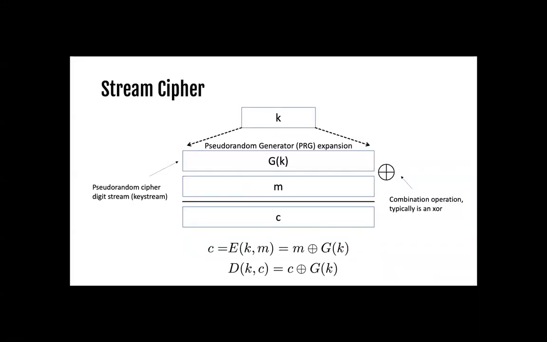All right, and then next, let's continue to talk about stream cipher. The way that it works, as I mentioned, is that it's going to encrypt or decrypt the text bit by bit. Suppose that there is a key.